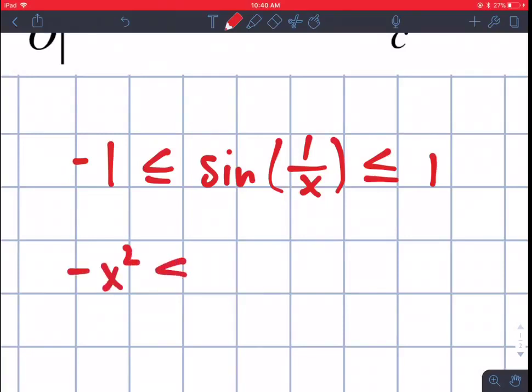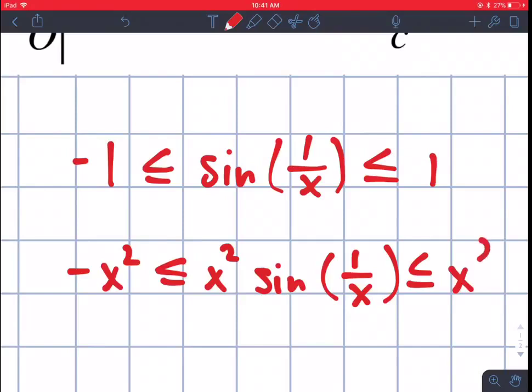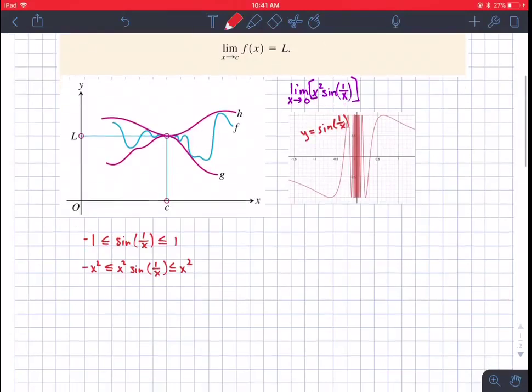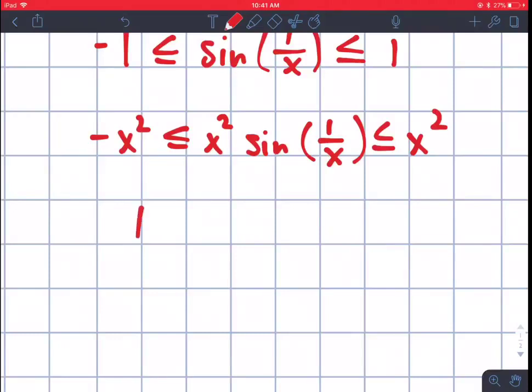So I have -x squared is less than or equal to x squared times sine of 1 over x, which is less than or equal to x squared. I've done that because it gives me the argument of the limit, the thing that was inside the limit.